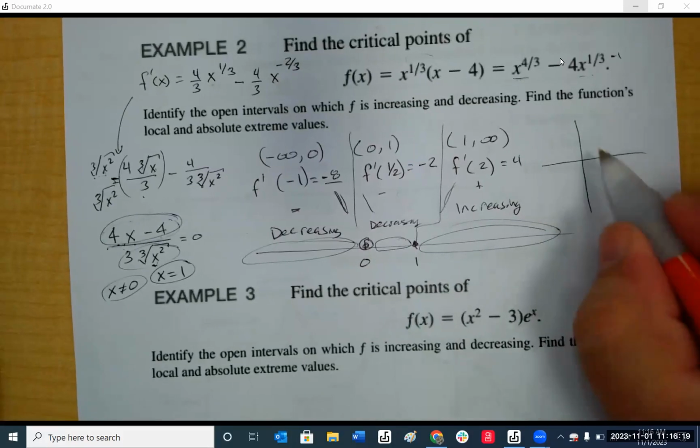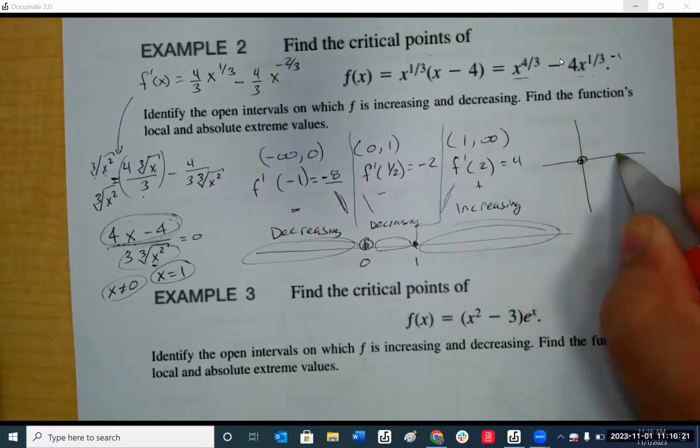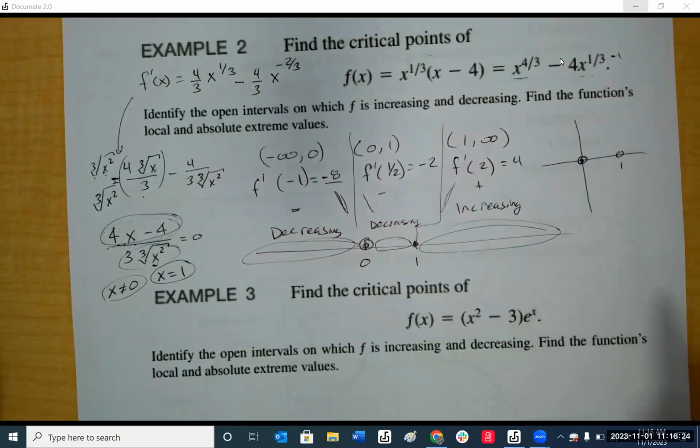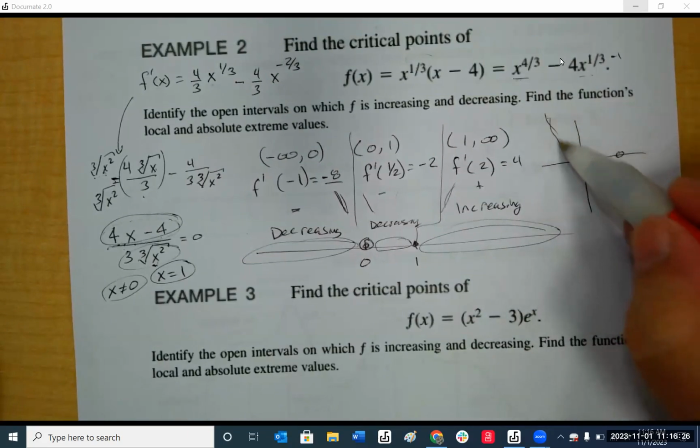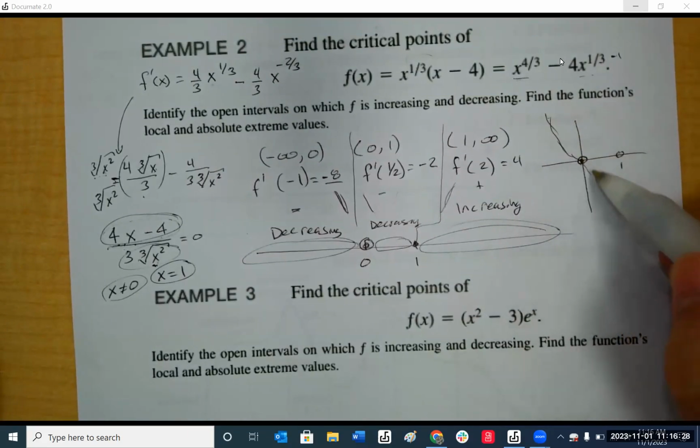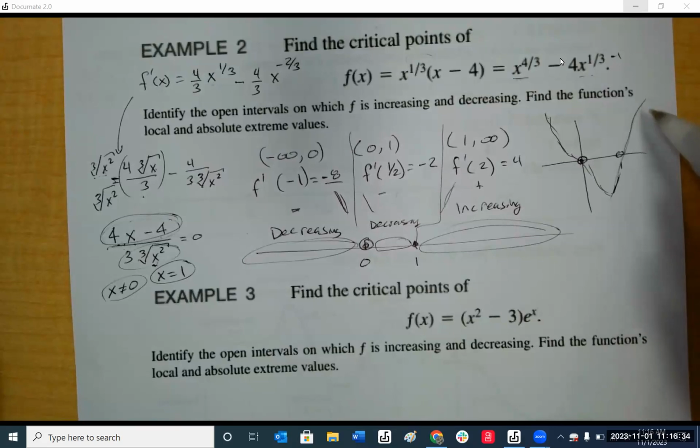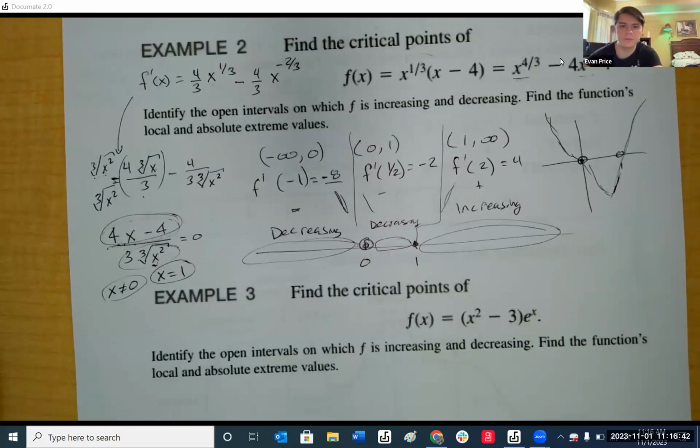Basically, since we know our points of interest are at 0 and 1, the function's decreasing, it's decreasing more, and then it's increasing at 1. So it looks something like this, because it has a greater slope over the other interval.